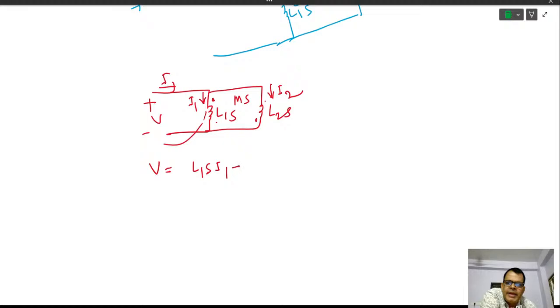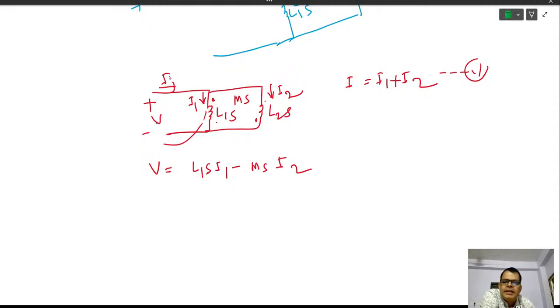So it will be minus MS I2, right? But you know I equal to I1 plus I2, right? This is equation 1.